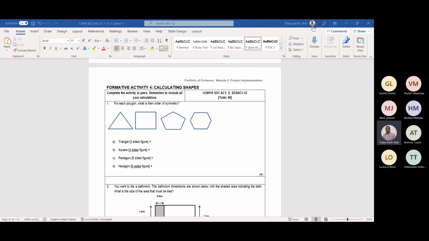You know what, you are right, you are absolutely right. But the question says the order of the symmetry, so I understand where you come from. The definition of symmetry is quite what it says. And Howard, you're coming quite right with that perspective, because that's what the question says.